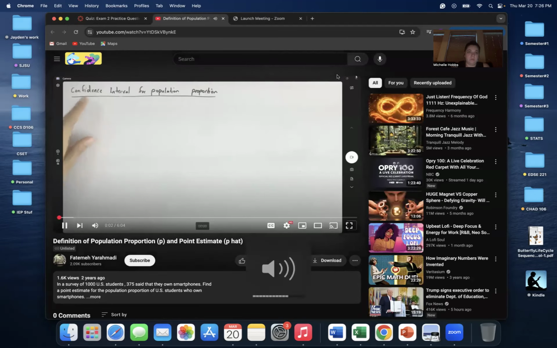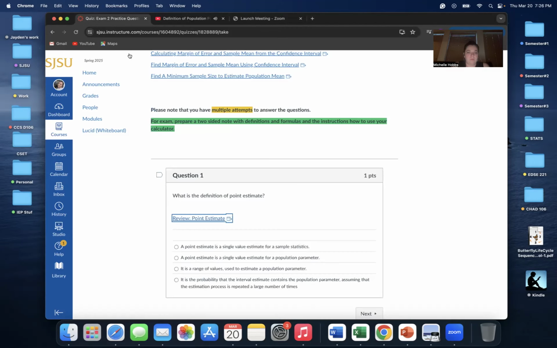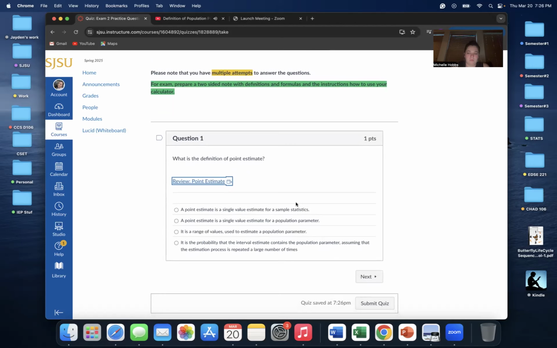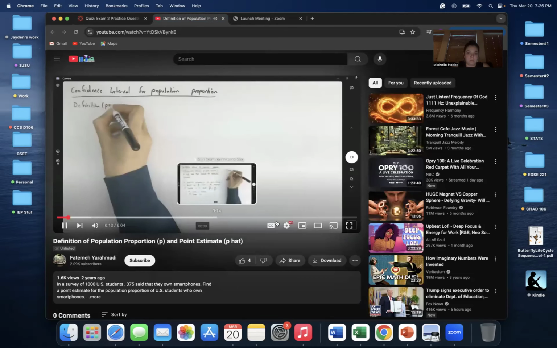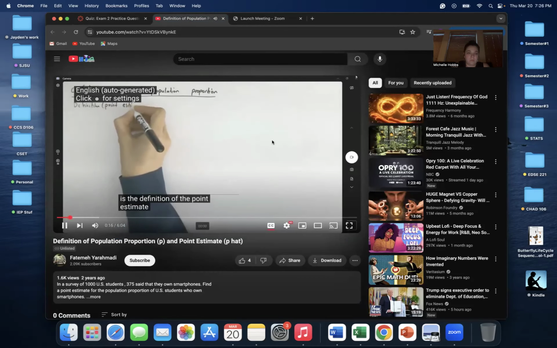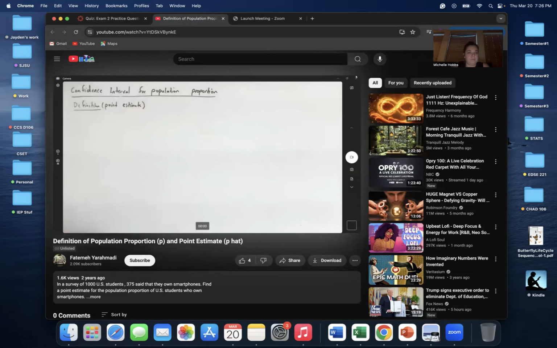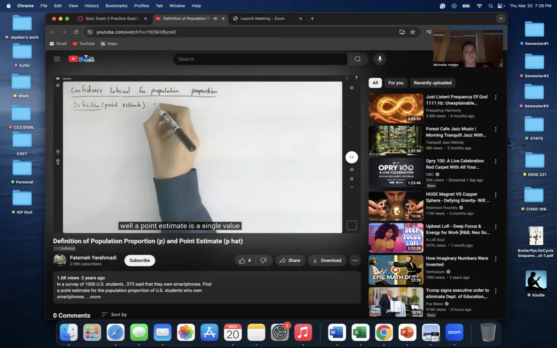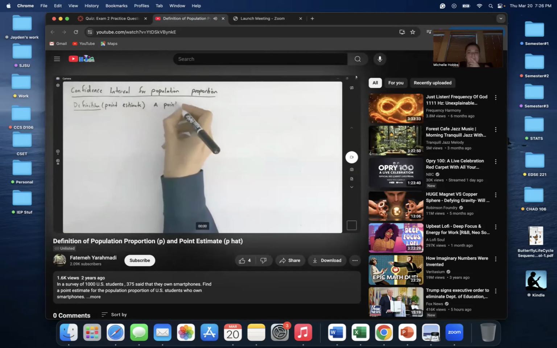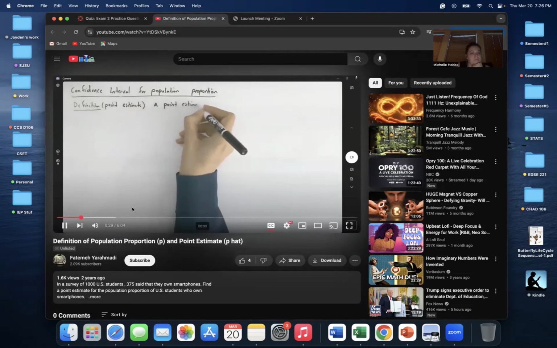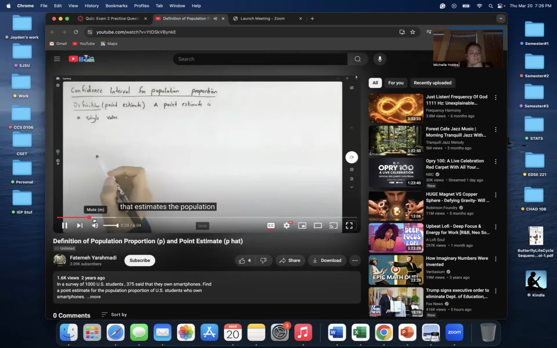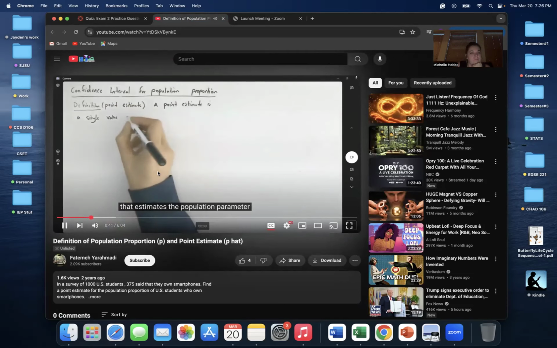Before we build the confidence interval for population proportion, we need some basic definitions. The very first definition that you need is the definition of the point estimate.